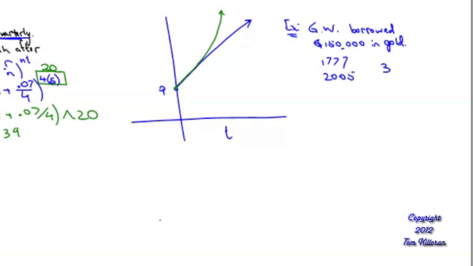If they just charge the government basic inflation of 3% per year, compounded annually, this becomes A equals $150,000 times (1 plus 0.03 over 1) raised to the 1 times, well, how many years is that? 2005 minus 1777. 228 years. Now, this is why simple interest would make the government happier.